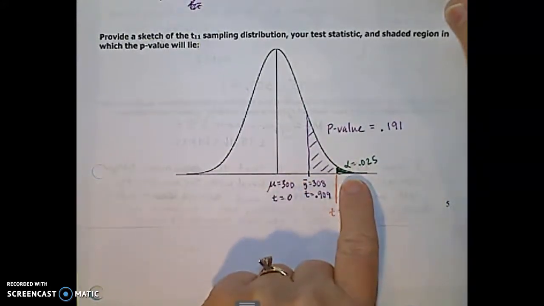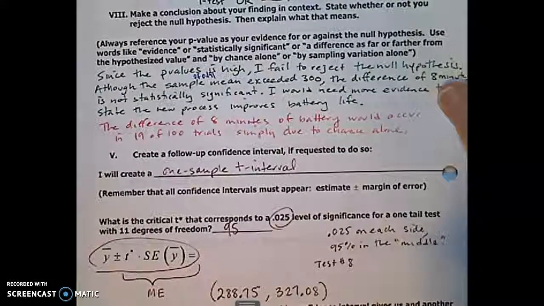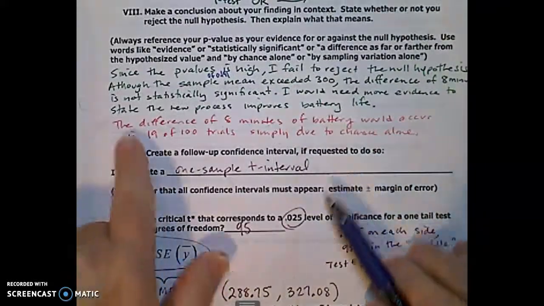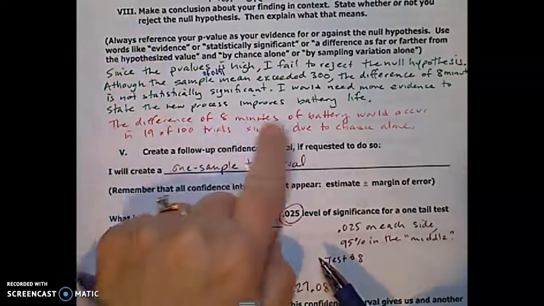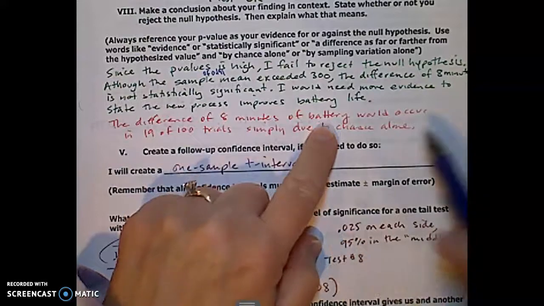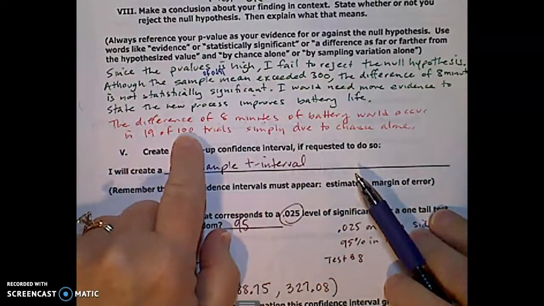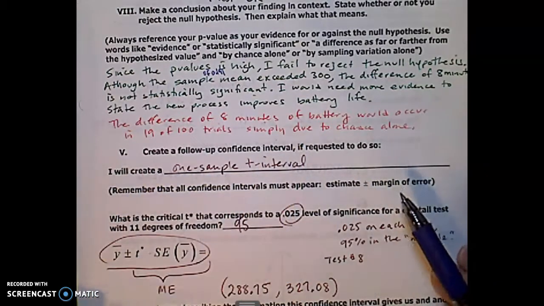We need an extreme example, and we don't have that. Maybe this 308 is just due to sampling variation. And that's what the next sentence says. The difference of 8 minutes of battery life increase would occur in 19 out of 100 trials, simply due to chance alone. So that's without regard to the new process.